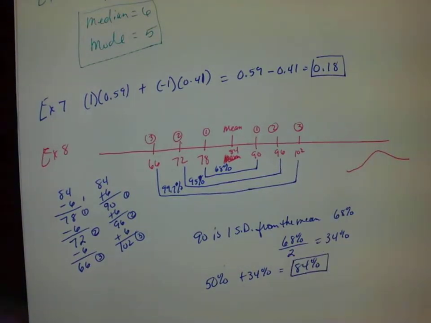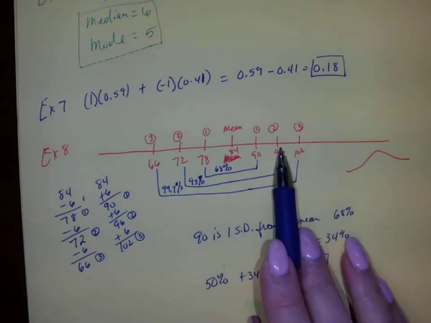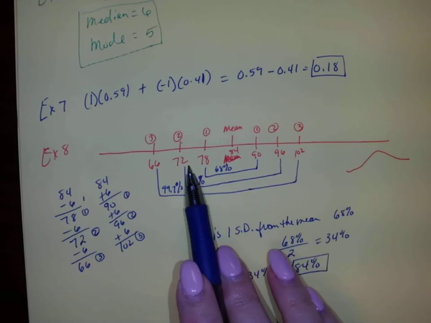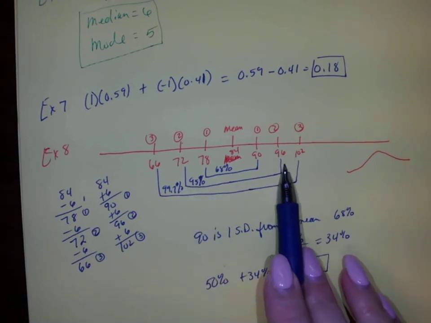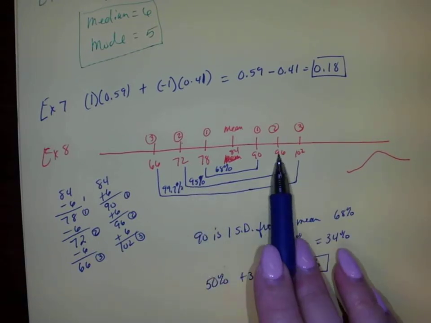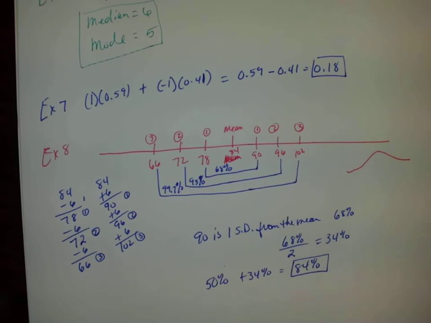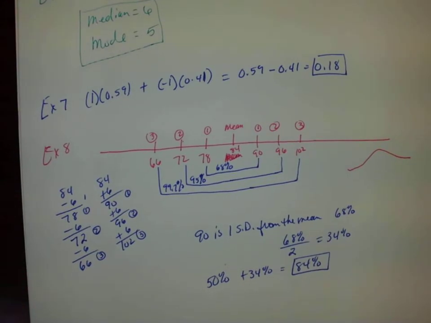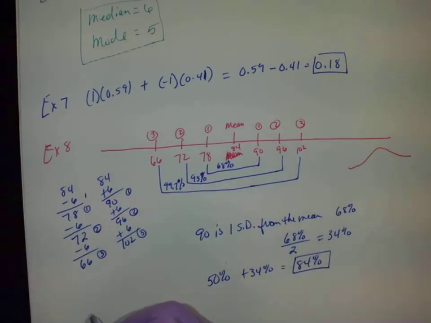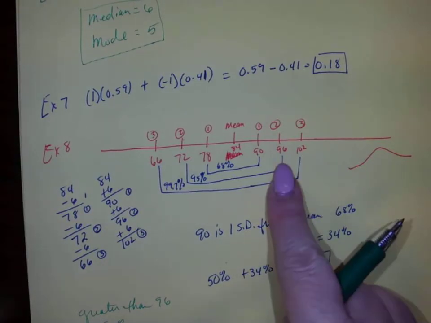All right, the other part asked for the percentage of scores greater than 96. So we're looking at greater than 96. Well, 96 is 2 standard deviations from the mean, so 95% is where that one lands.